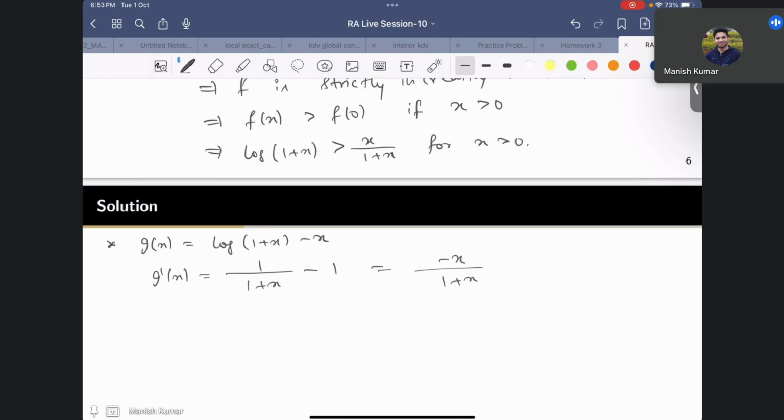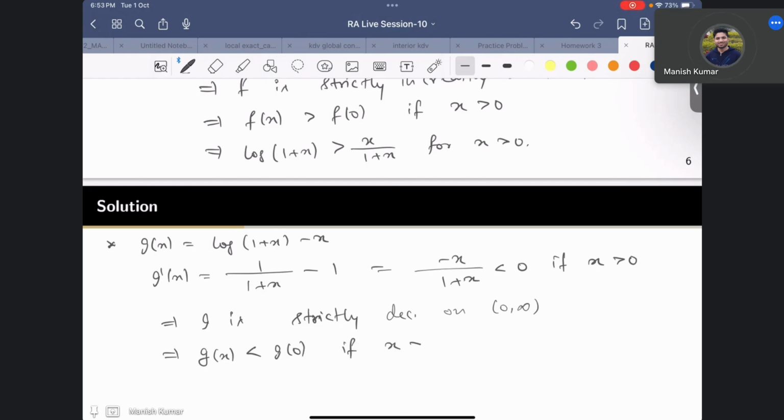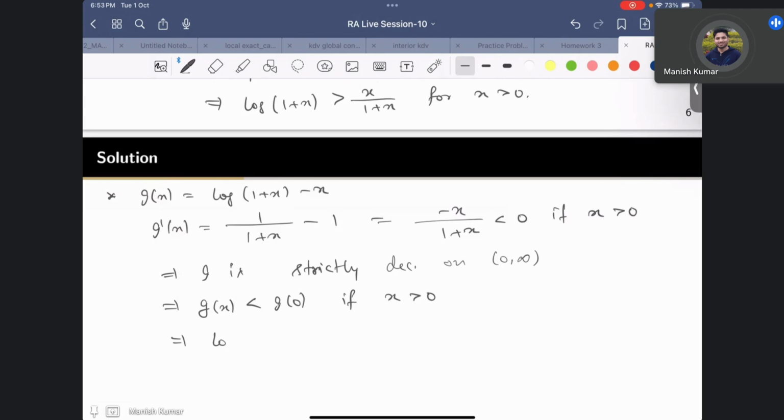And you can clearly see that this is going to be negative if x is positive, and this will tell you that g is strictly decreasing on 0 to infinity, and this will tell you that g of x is less than g of 0 if my x is greater than 0, and this will give you that log of 1 plus x is less than x for x greater than 0.